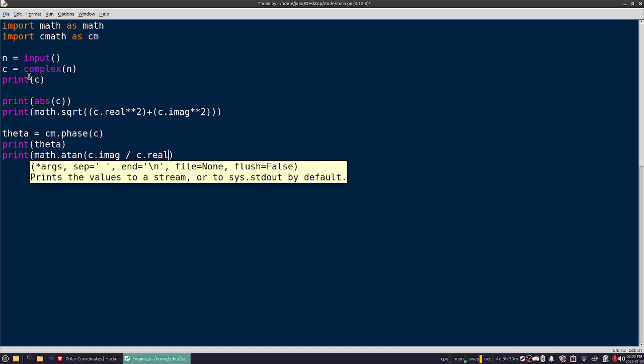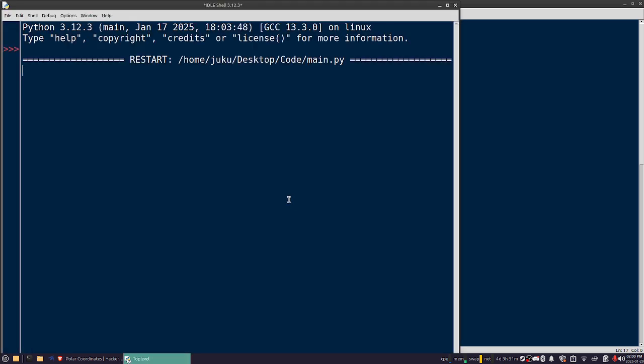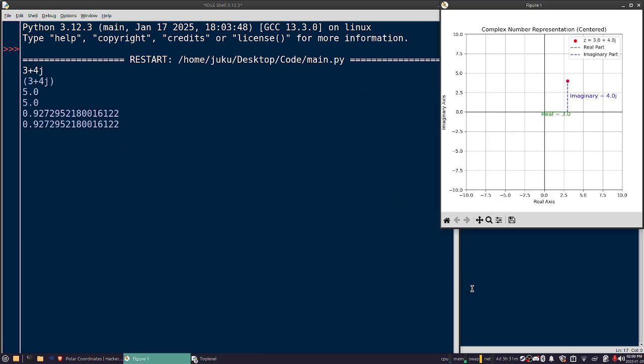So it's basically 4 divided by 3. And we'll go ahead and print that out. This is printing it out with the built-in method, and this is just doing it with pure math. We'll do 3 plus 4j, and we get the exact same number, of course.